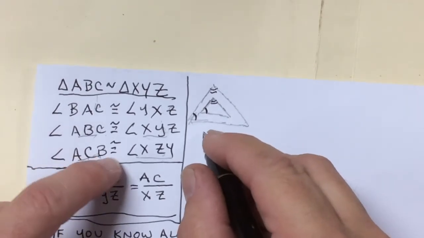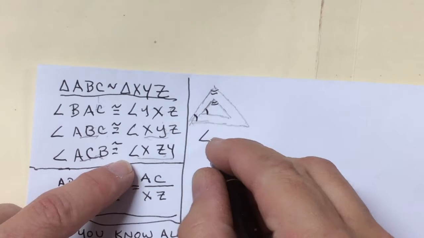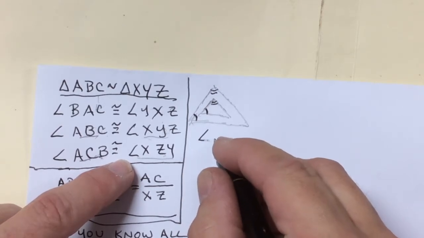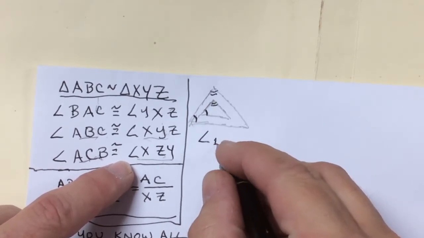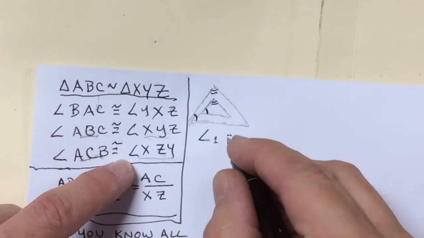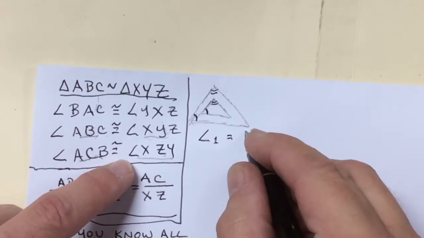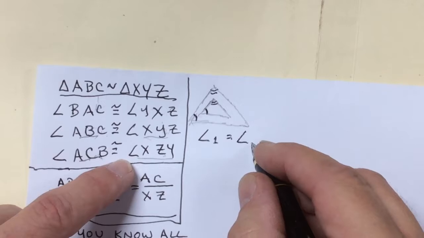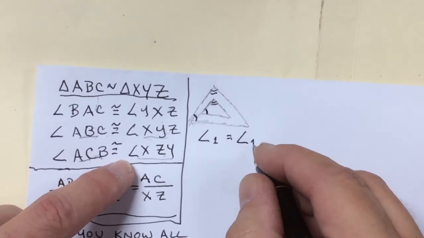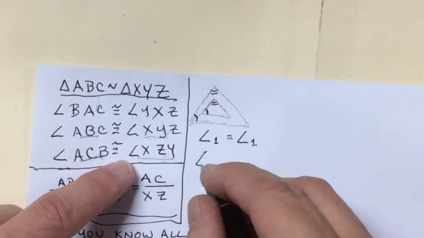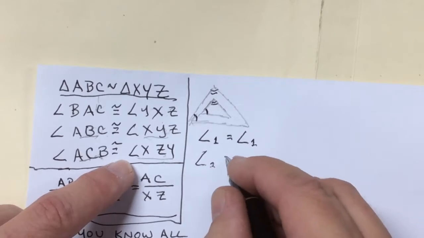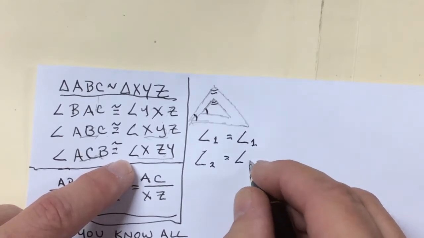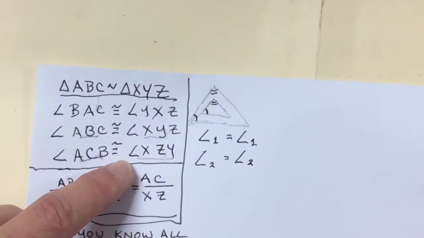So if I can find one angle of one triangle that's equal to an angle of the other triangle, and then I can find another pair of angles that are equal, right?